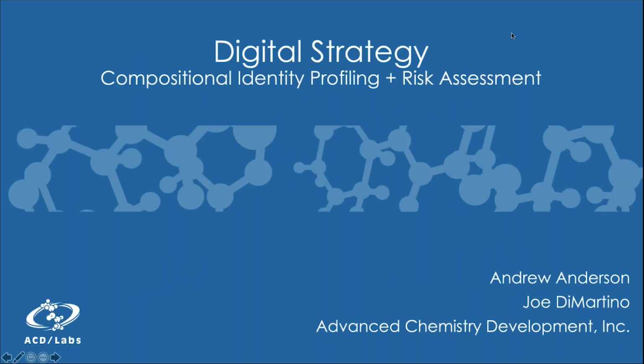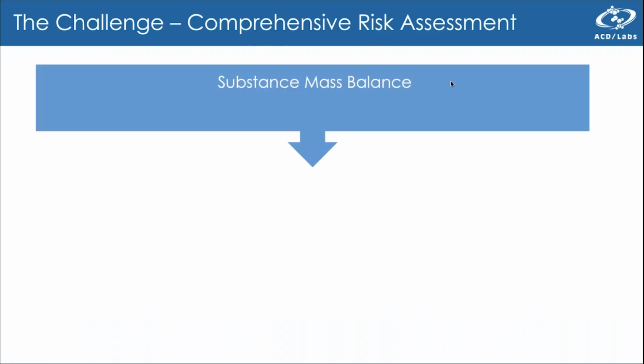As Sarah indicated, I'll walk through some proposed strategies around compositional identity profiling and the corresponding risk management activities that many of you perform on a daily basis. One of the challenges when it comes to characterizing substances is to obtain mass balance type qualification of materials.